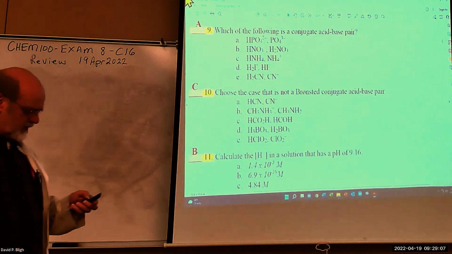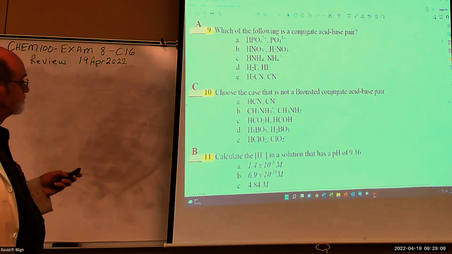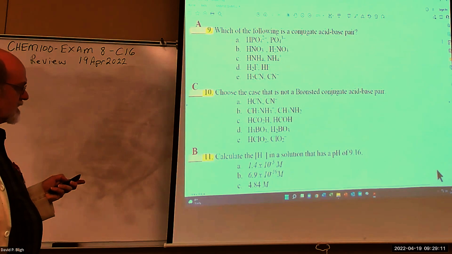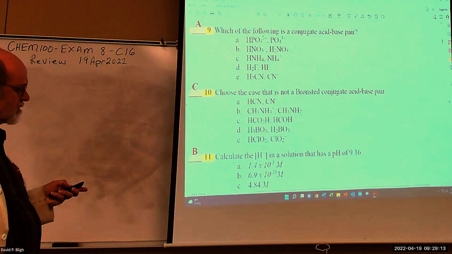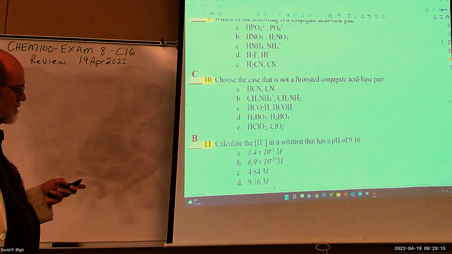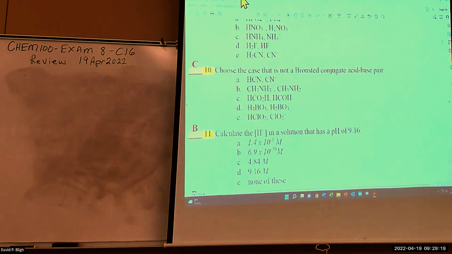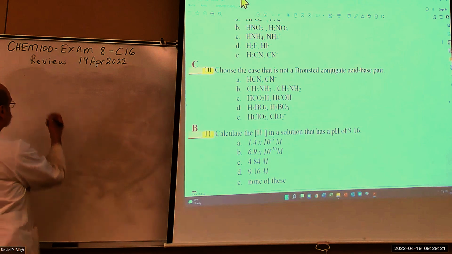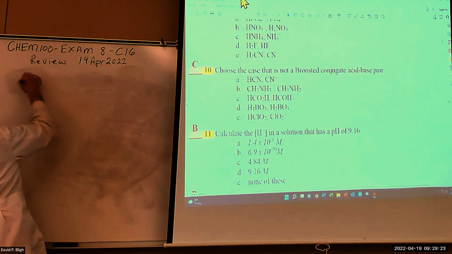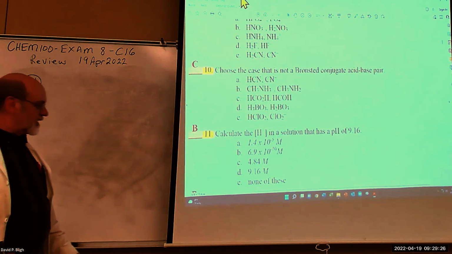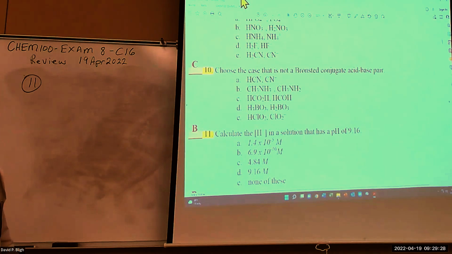All right. Oh, I'm going to have to scroll this one. Let's see here. Here we go. 11. Calculate the hydrogen ion concentration in a solution that has a pH of 9.16.